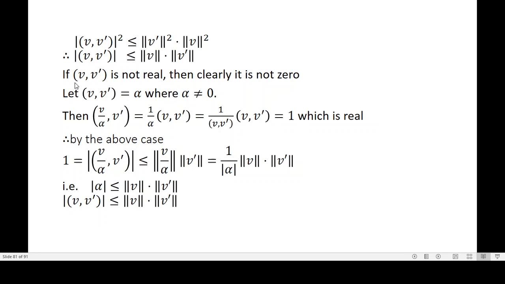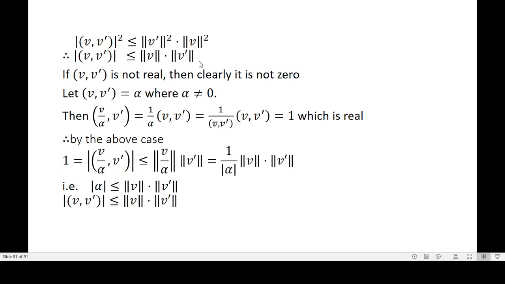So if the inner product of v comma v dash is not real, then the inner product of v by alpha comma v dash is equal to 1, which is real. So let us make use of the above case. That is, if the inner product of v comma v dash is real, we have mod inner product of v comma v dash less than or equal to norm v into norm v dash.